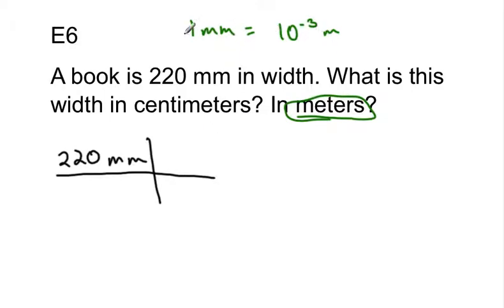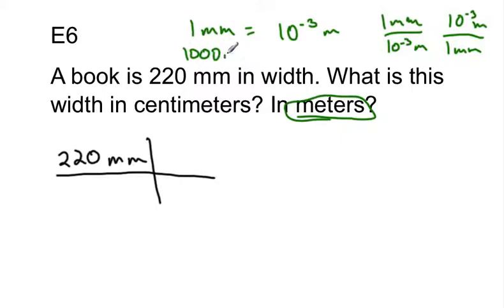So we have this equals that, so I can make a ratio: 1 millimeter over 10 to the negative third meters, or I could write 10 to the negative third meters over 1 millimeter. All right, so you might also see this. You could also say 1,000 millimeters equals 1 meter, and then you could write the ratio. These two things are saying the same thing.